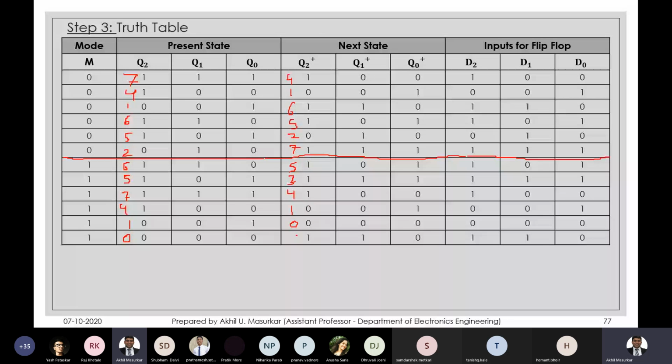D2 will be equal to Q2+, D1 will be equal to Q1+, D0 will be equal to Q0+. That is done. Now when M equals 0, the invalid states were 0 and 3, that is 000 and 011. These were the invalid states, so for them we will have don't cares.